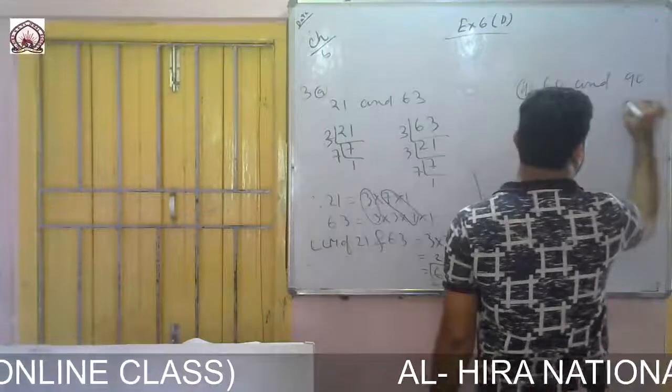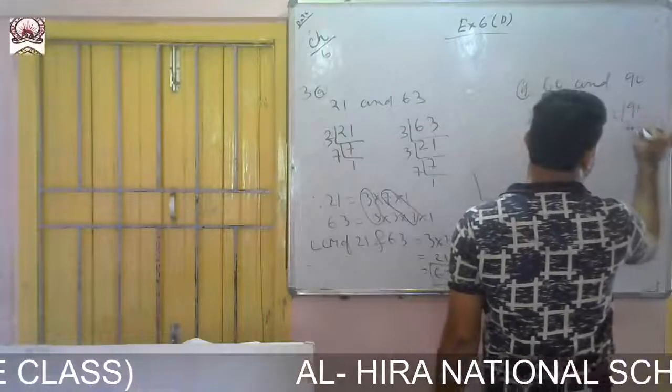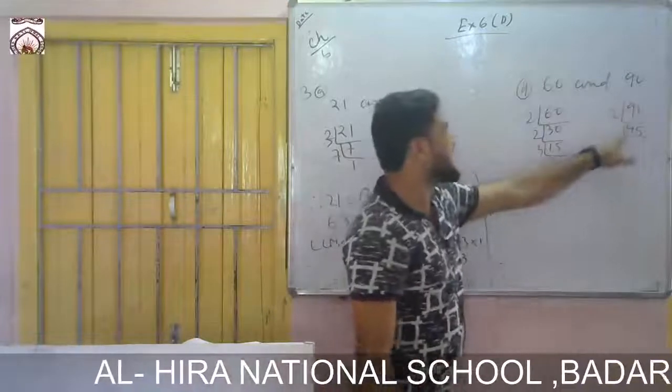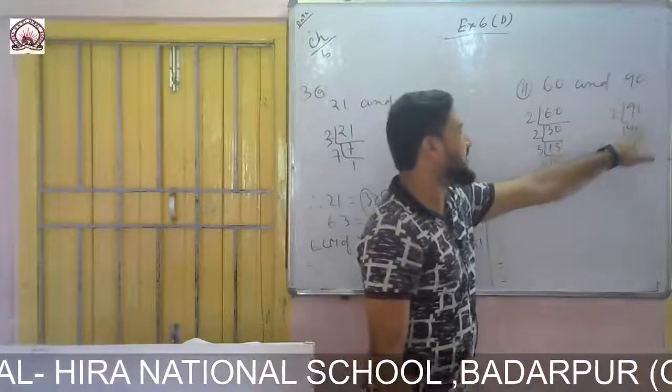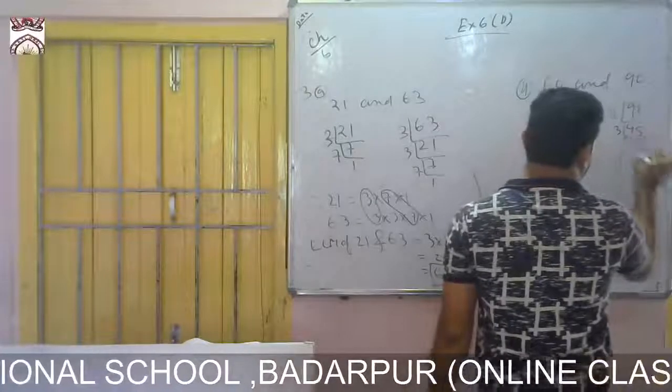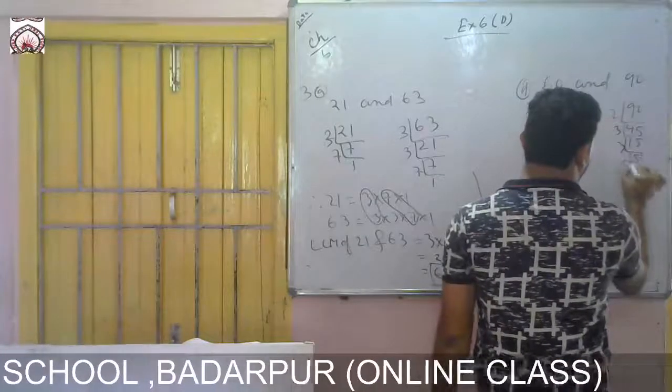Now 90: 2 45s are 90, 5 2s are 10, with 3, 5s are 5, 1s are 1.